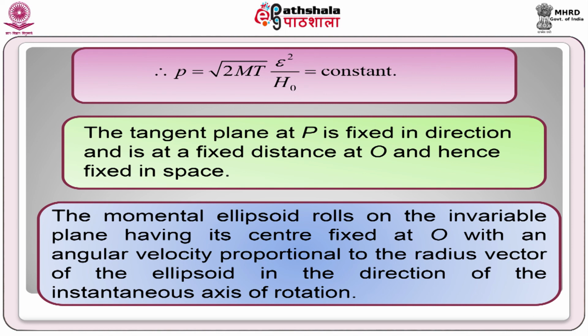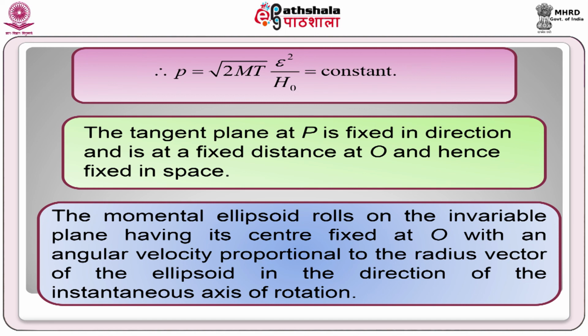Now, this is H0 squared, we have already obtained this result. Putting this value as H0 squared, we get this one, and we have already obtained the expression of ω squared, we have substituted this.